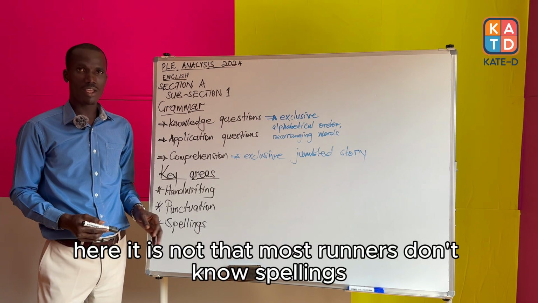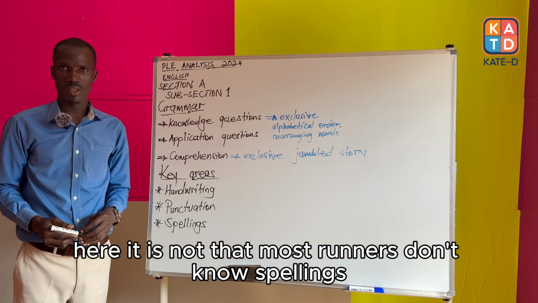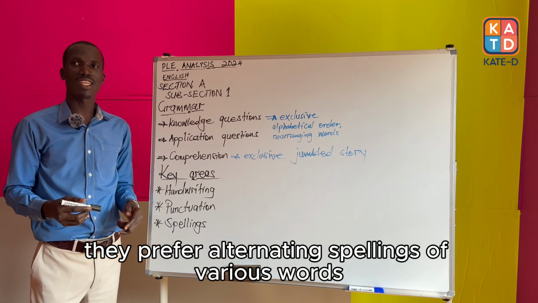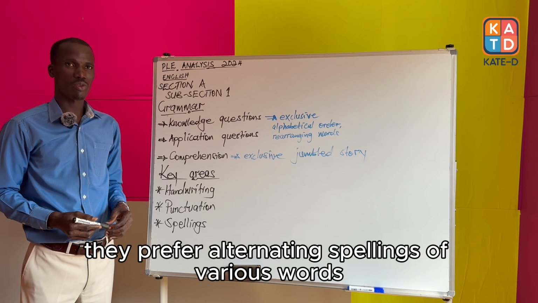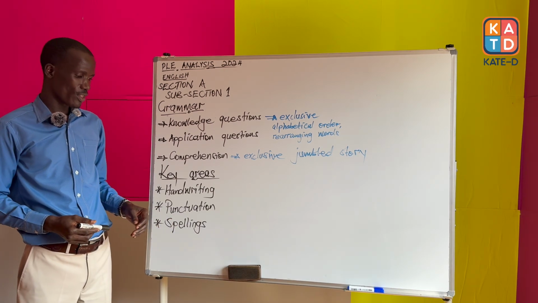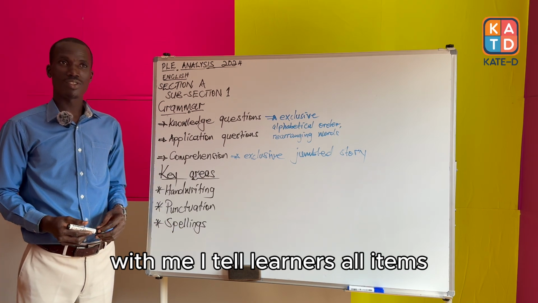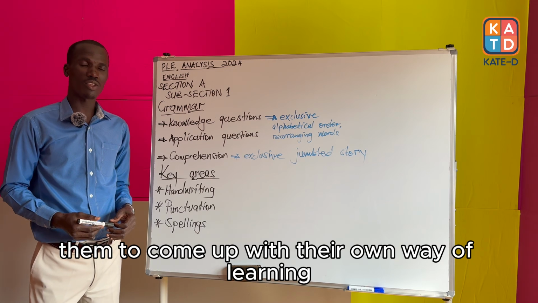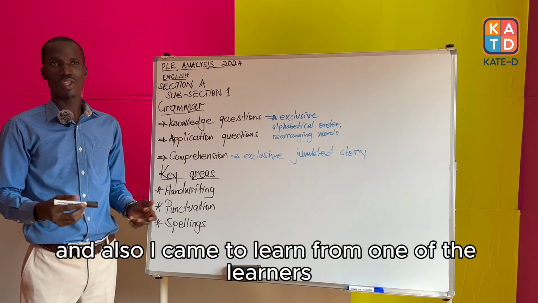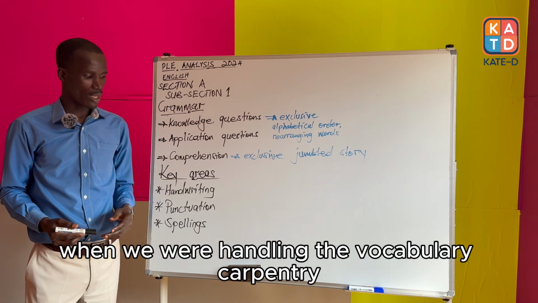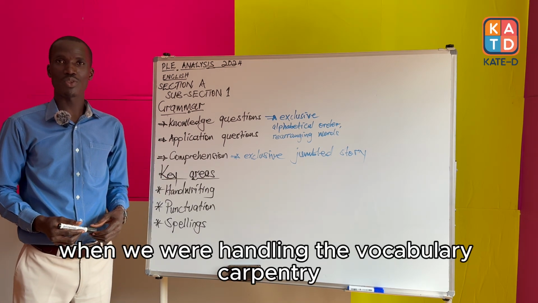Spellings. Here it is not that most learners don't know spellings, but most of the learners, they prefer alternating spellings of various words. I'll just cite an example. With me, I tell learners, or at times I challenge them to come up with their own way of learning spellings. And also I came to learn from one of the learners, one time when we were handling the vocabulary carpentry.